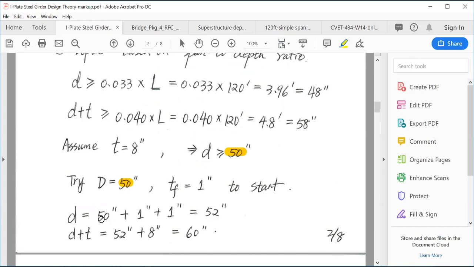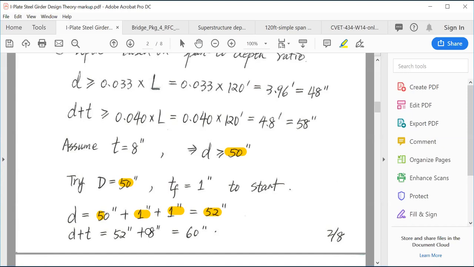If I try the web depth equal to 50 inches, the total depth of the girder will be 50 plus 1 plus 1. So I assume that the flange thickness equals 1 and get a rough depth of the steel girder of 52, which meets the requirement of depth to span ratio.